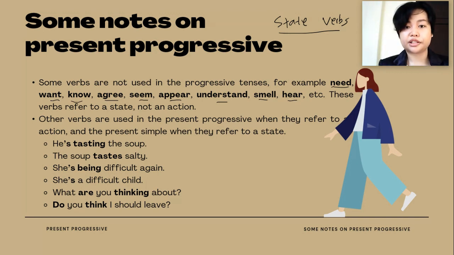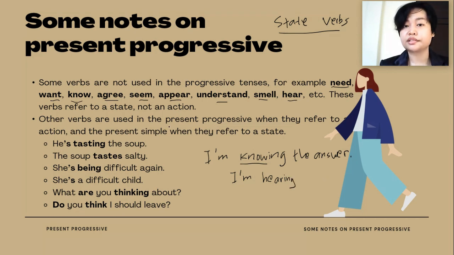State verb is not about action, but about condition. So you cannot say, I am knowing the answer, because know is a state verb, it's a condition. You cannot say, I am hearing.